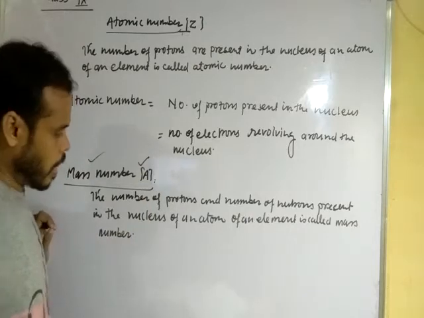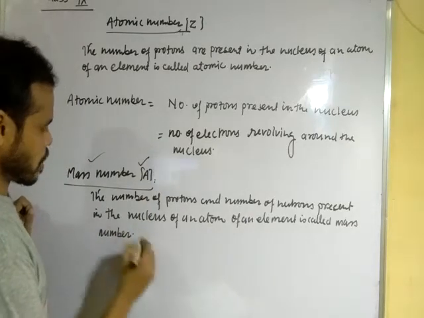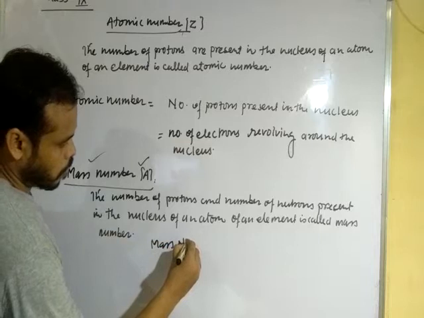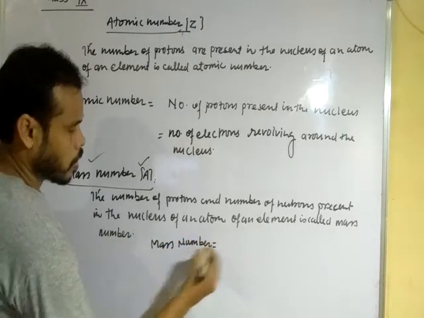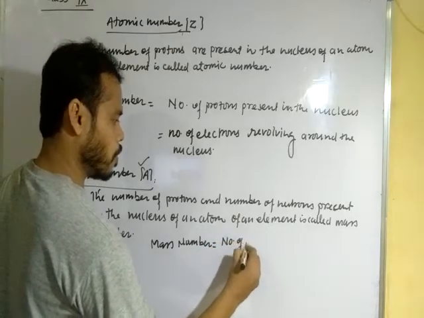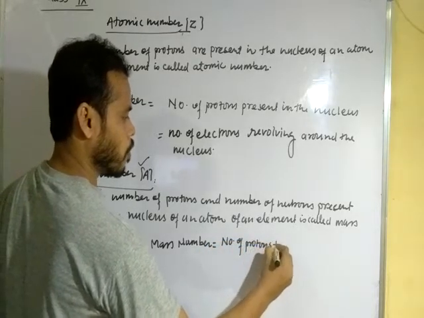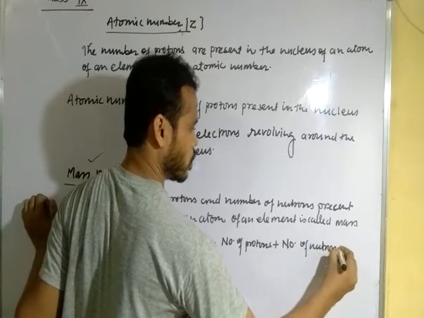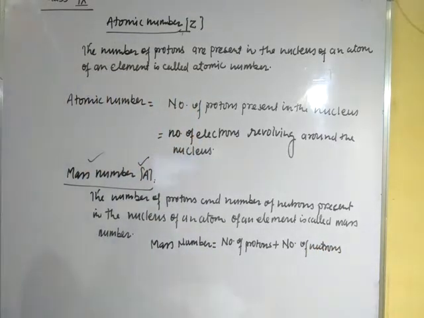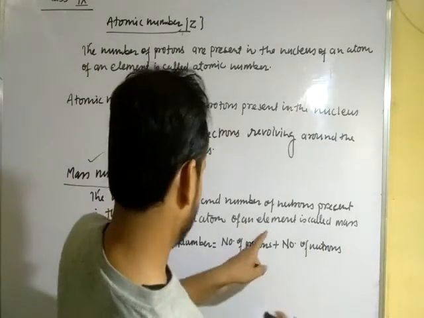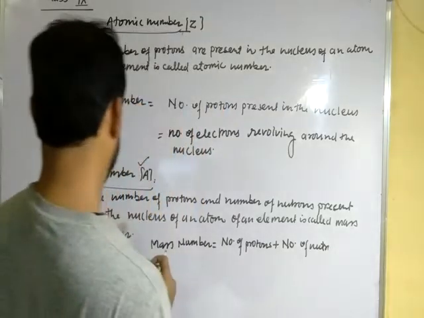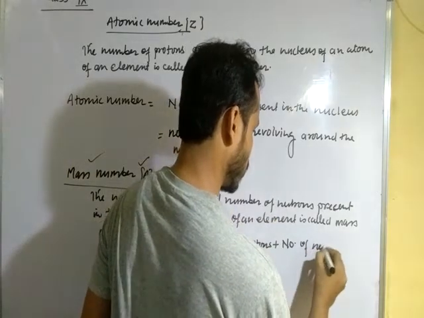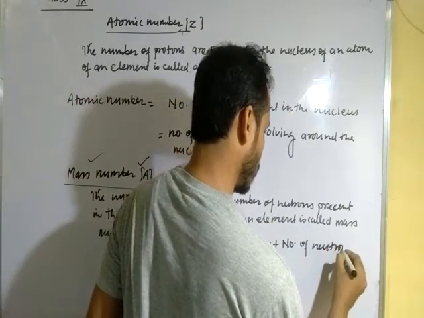Now the formula can be derived. Atomic mass or mass number is equal to number of protons plus number of neutrons.